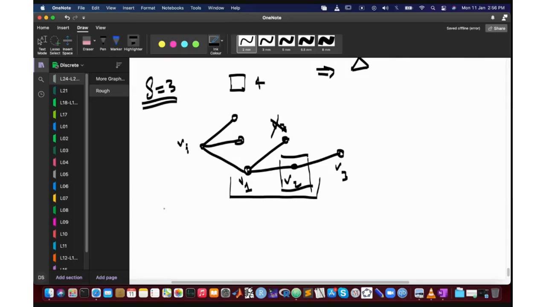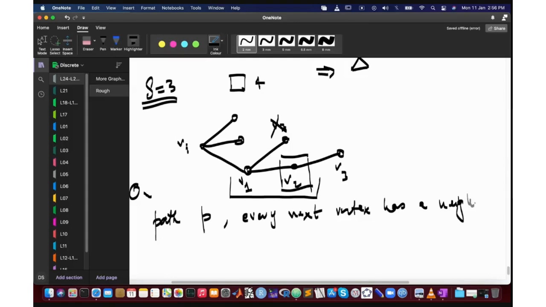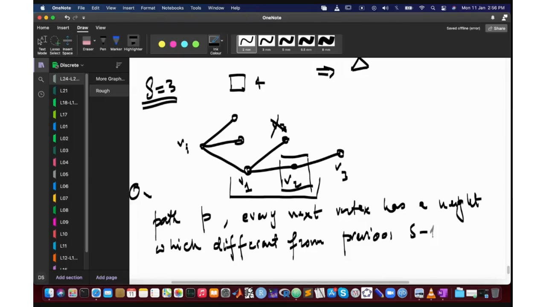So we are creating a path, let's call it P, on path P. Every next vertex has a neighbor which is different from the previous delta minus 1 neighbors. That is the critical part which we have to use.